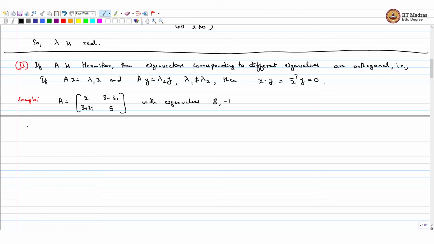Now, what are the eigenvectors? Again, let's find the eigenvectors.